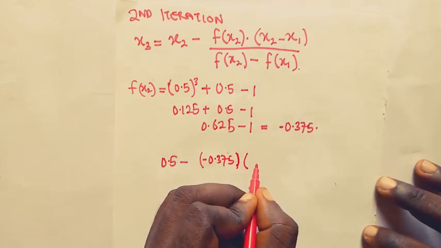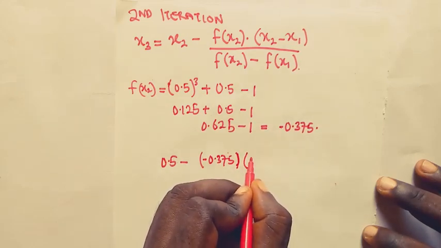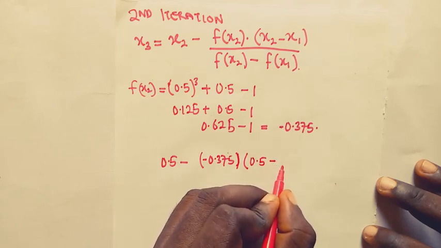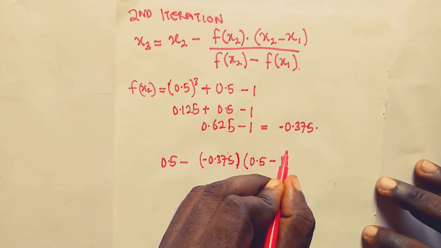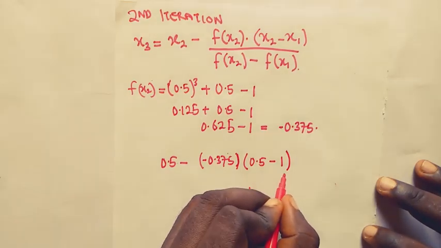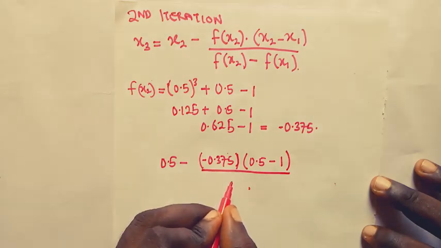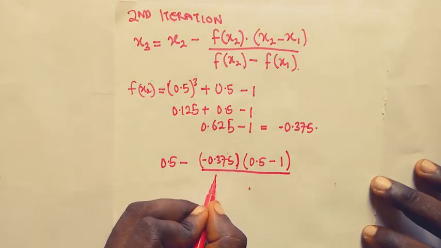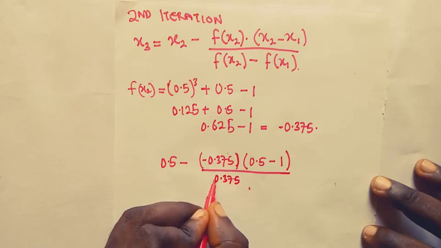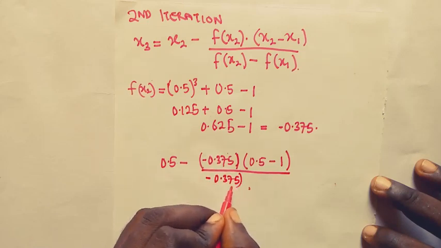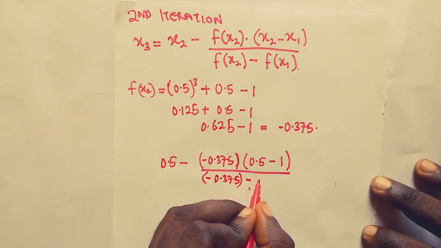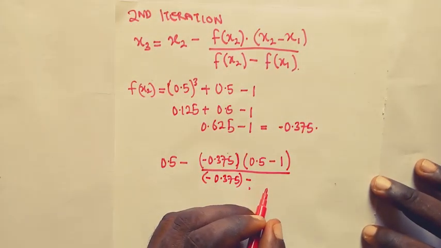Multiply by x2 minus x1, which is 0.5 minus 1, and divide all of this by f of x2, which is minus 0.375, and then minus f of x1. Remember, f of x1 has been evaluated to be 1.